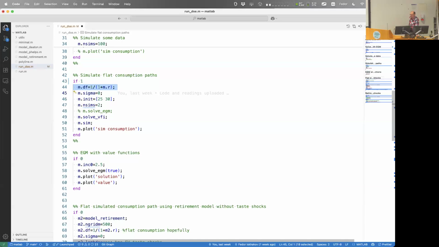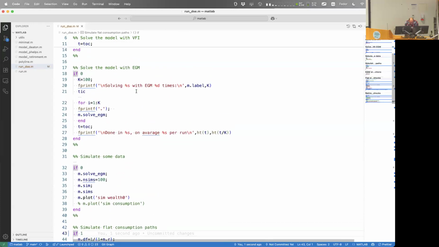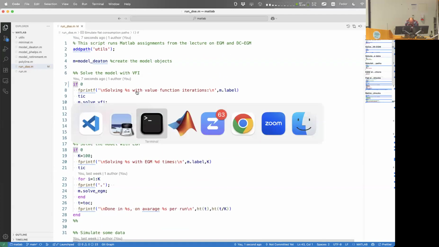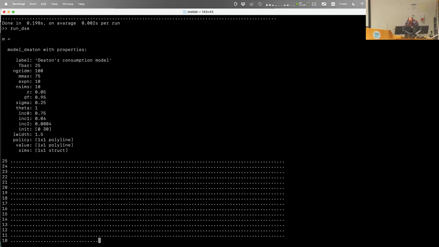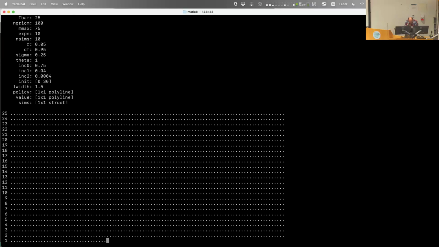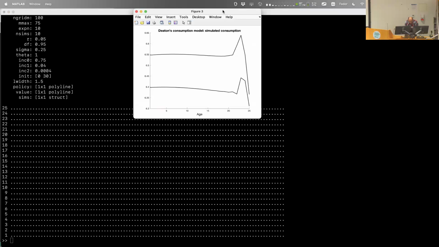You get marginal utility of consumption on both sides, leading to the optimal consumption being equal in consecutive periods. So if I just run this, oh yeah, okay, first value function iterations, sorry. And then we can compare.